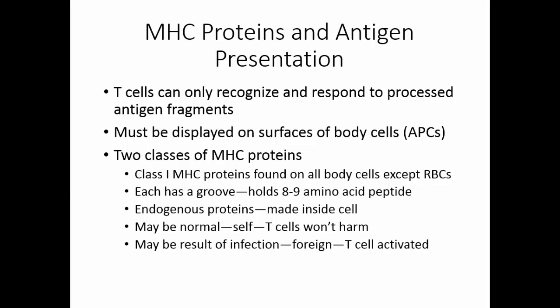However, if the cell is infected, then foreign proteins may be made as a part of that infection. This is particularly true of viral infections and other parasitic kinds of infections. Also, cancer cells will produce foreign proteins. When this happens, the endogenous protein in the groove will not be self. This will cause the T cell to be activated.